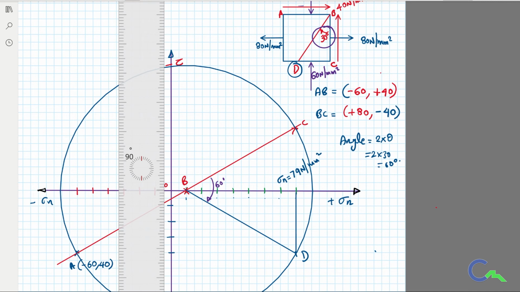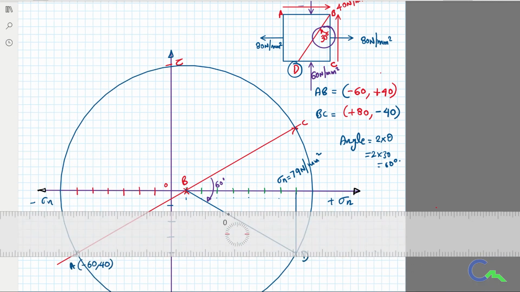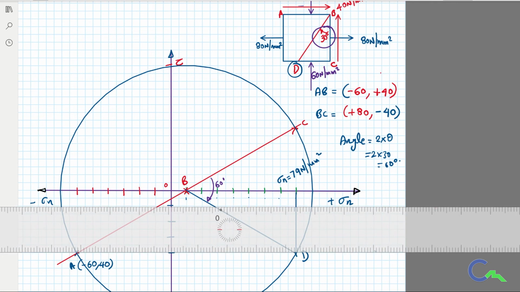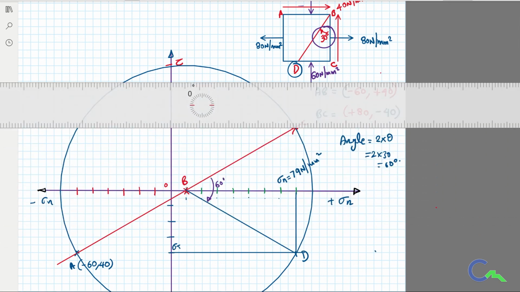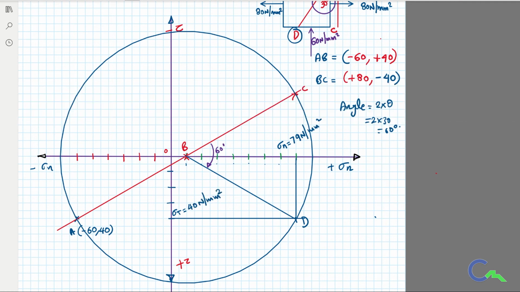That is a positive value. If I want the shear stress in the oblique plane, I have to drop one line towards the y axis, since we have shear stress on the vertical axis. If I draw like this, I am going to get sigma t. Downward we got positive, therefore 10, 20, 30, around 40 Newton per millimeter square is the tangential stress in the oblique plane.